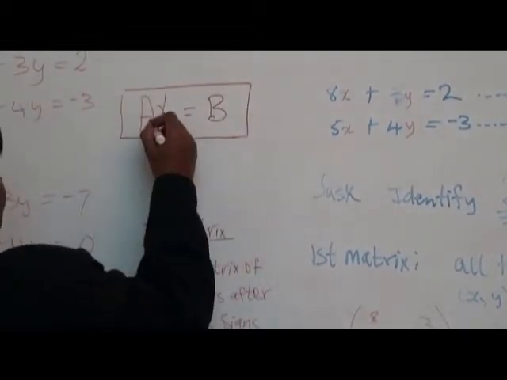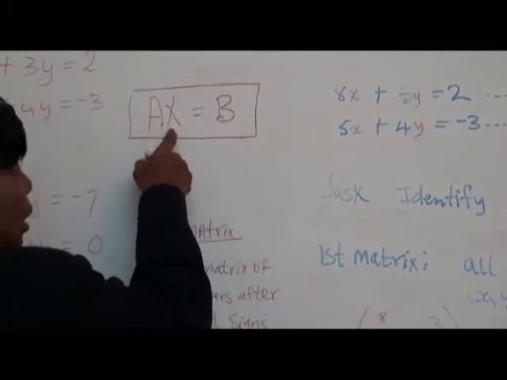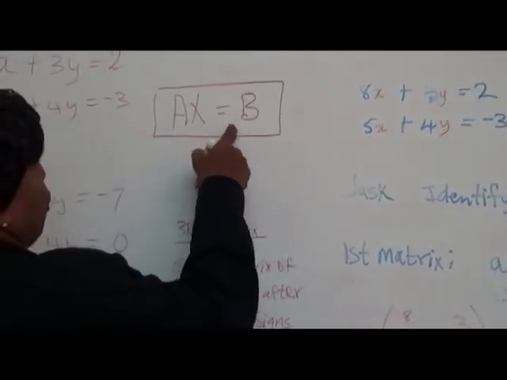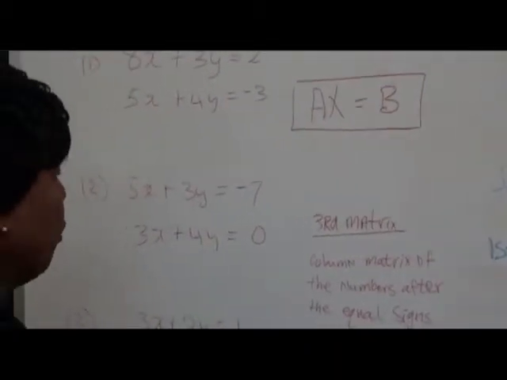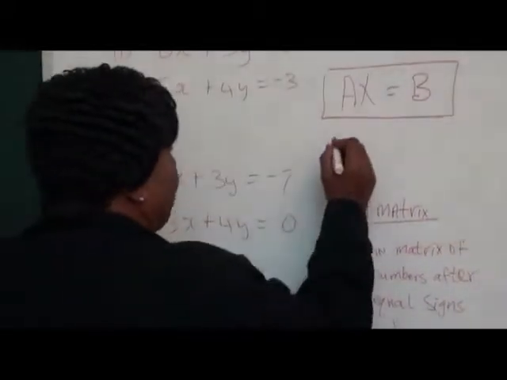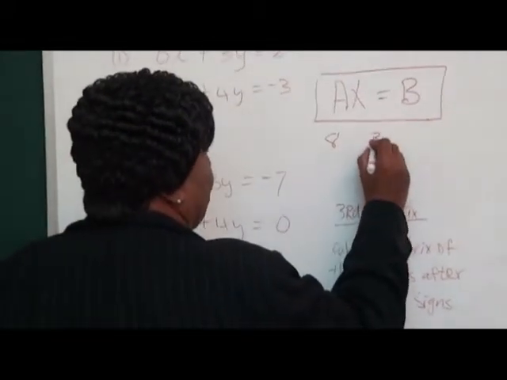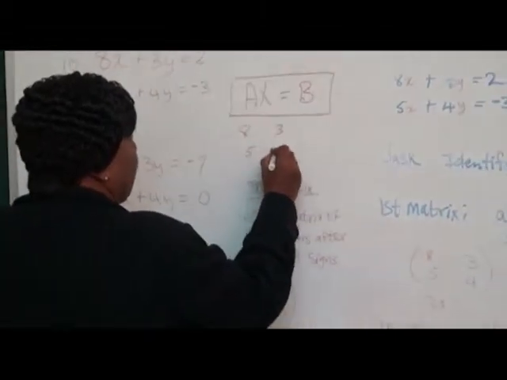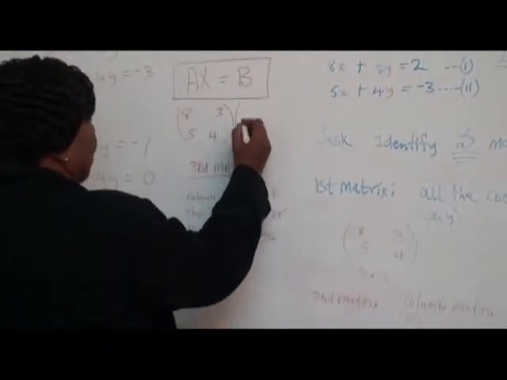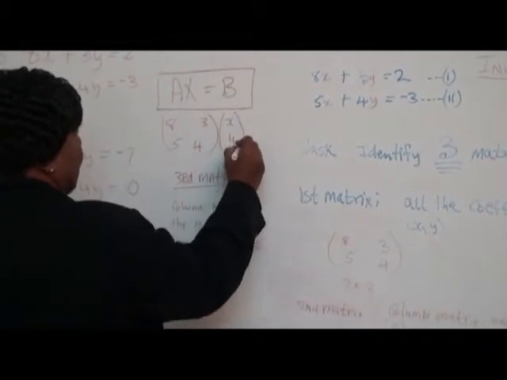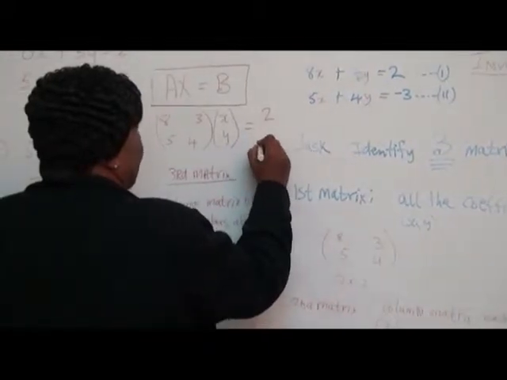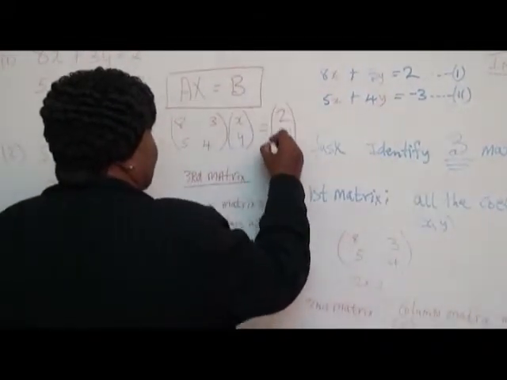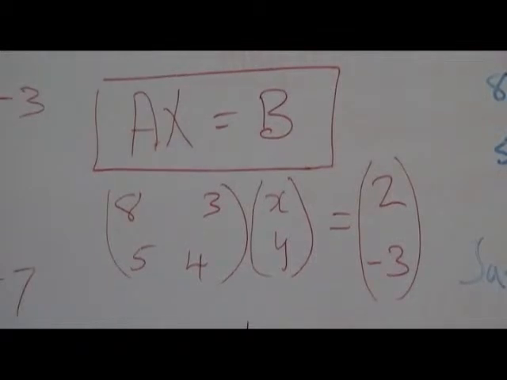First matrix, A, times second matrix, X, is equal to the third matrix on that side over there, which is called B. So we would have 8, 3, 5, 4, times XY is equal to 2, -3. That is the first step in solving your simultaneous equation.